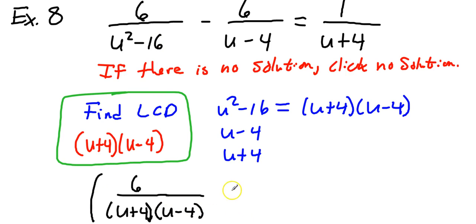Okay, so that was our original problem. Here we're going to multiply by u plus 4 and u minus 4.